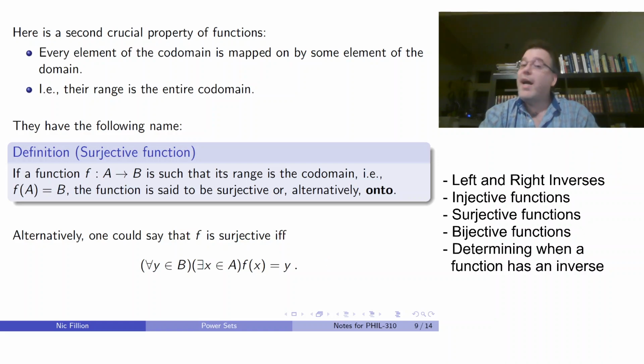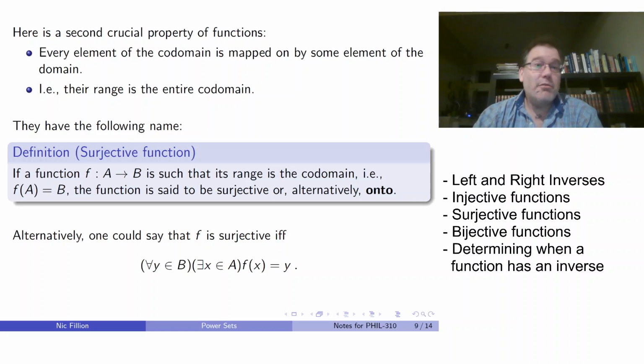So y is the value of f at x, and for every element y of the codomain, we can say that it is the value of some element of the domain. That's another way of putting it.